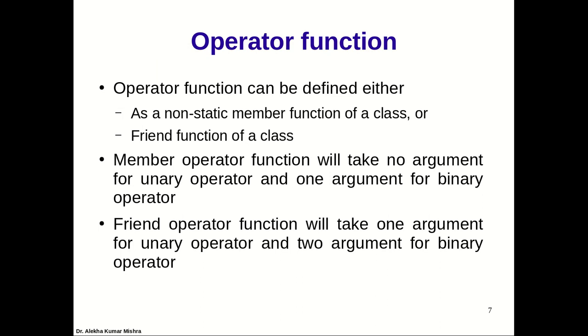Then more about the operator function. An operator function can be defined as a non-static member function of a class. That means if we are defining an operator function inside a class, it is mostly associated with that class, meaning at least one of the operands is going to be of that class type.